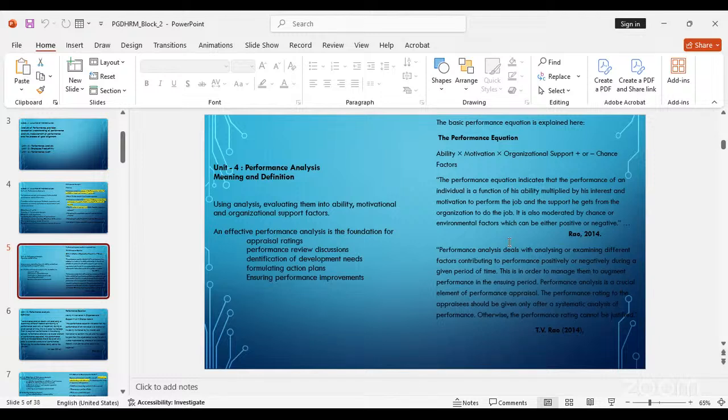It is also moderated by chance or environmental factors, which can be either positive or negative.